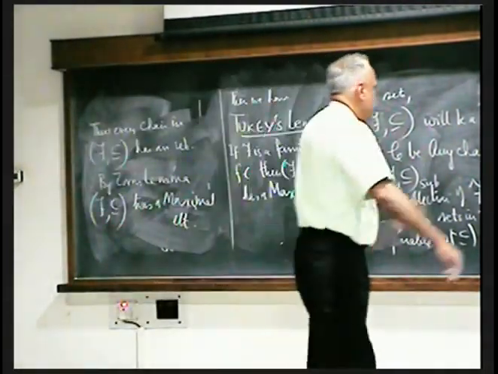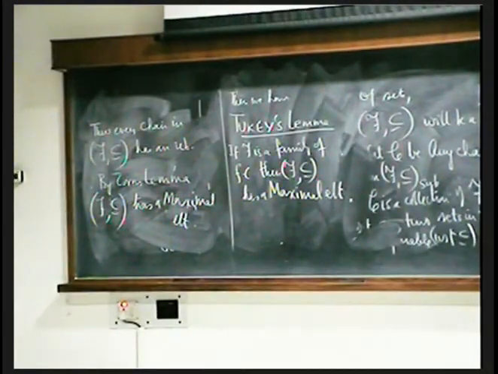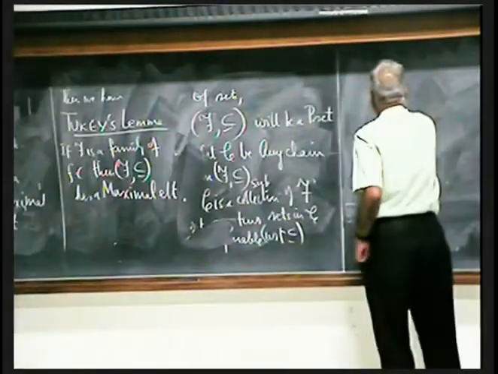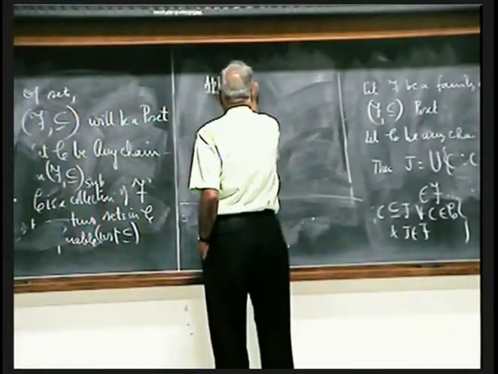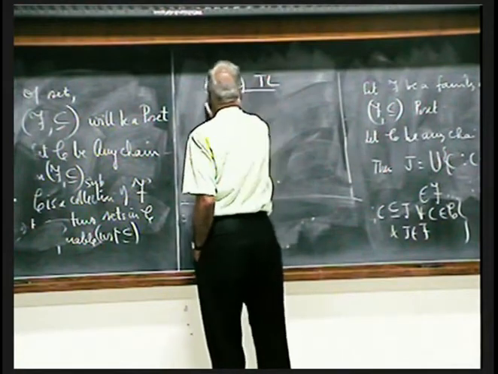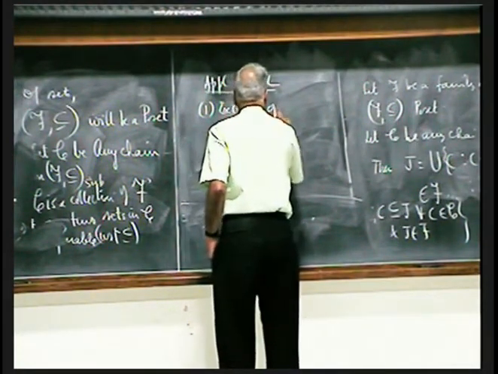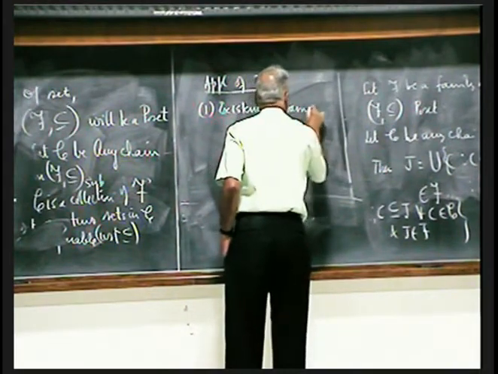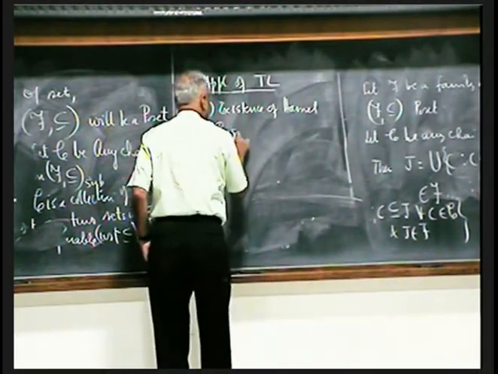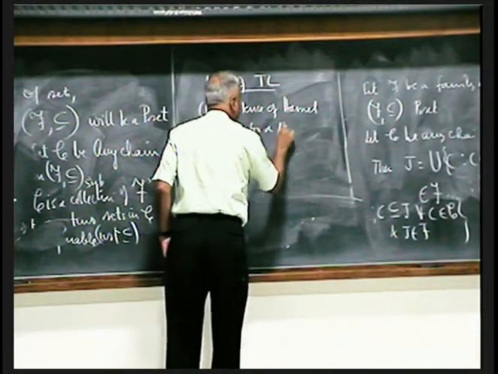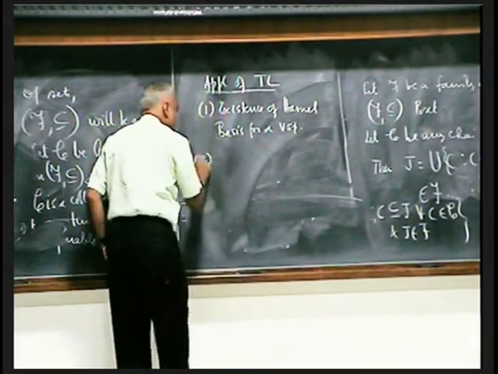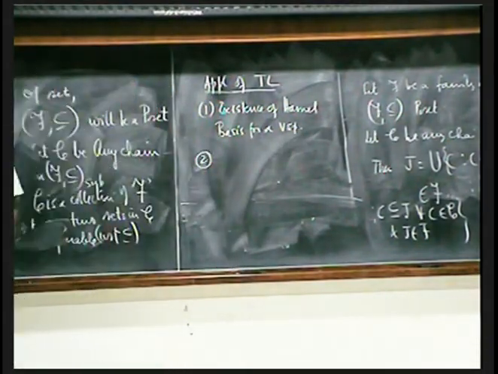Let's say this all next class I will do, so I will not write the detail. So, applications of Tukey's lemma: one, existence of a Hamel basis for a vector space. The second example that I will discuss is the following.